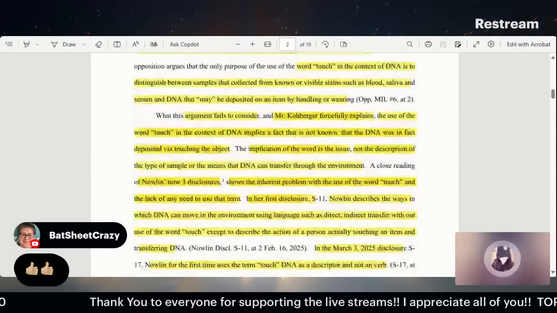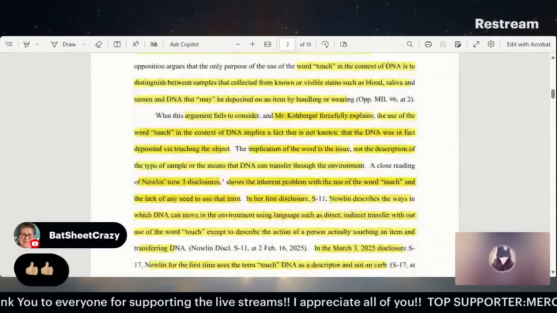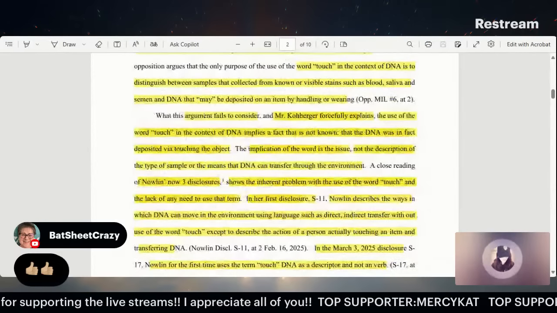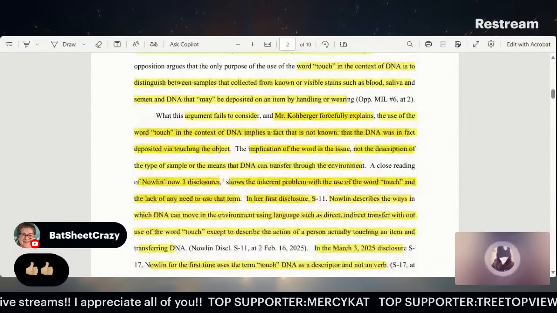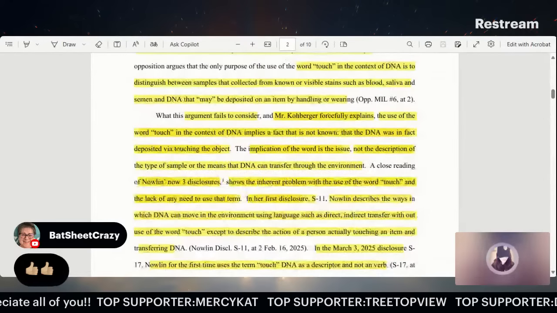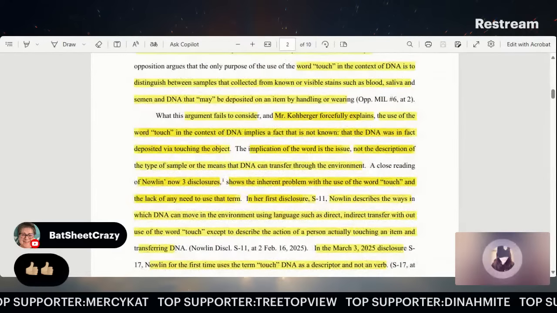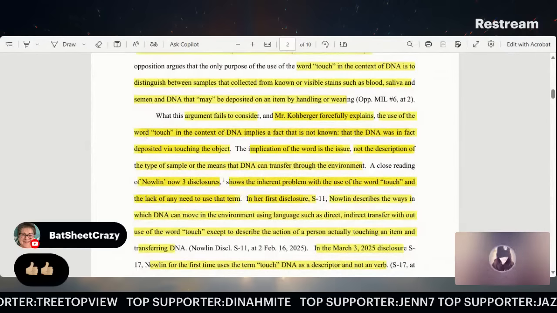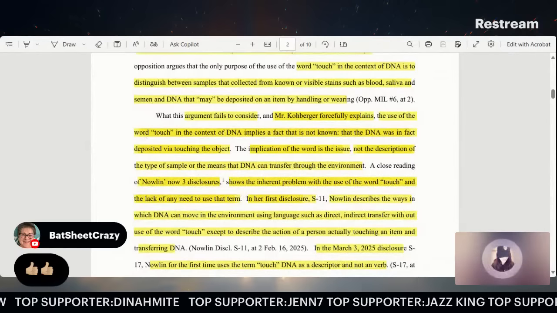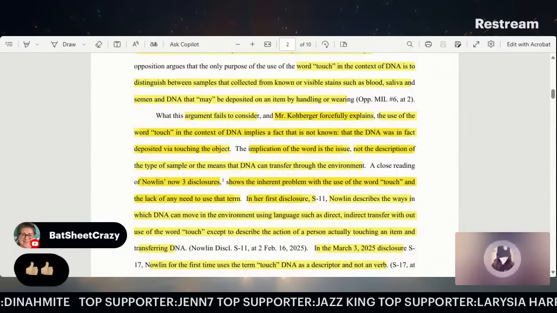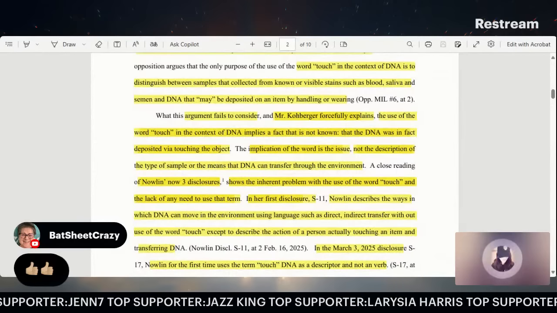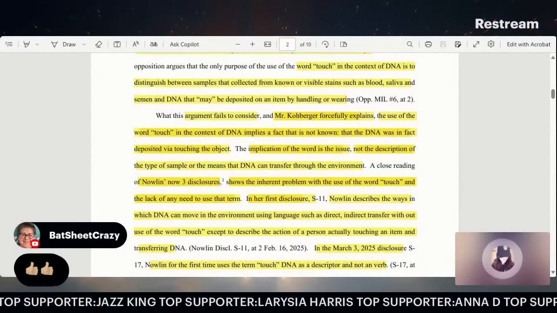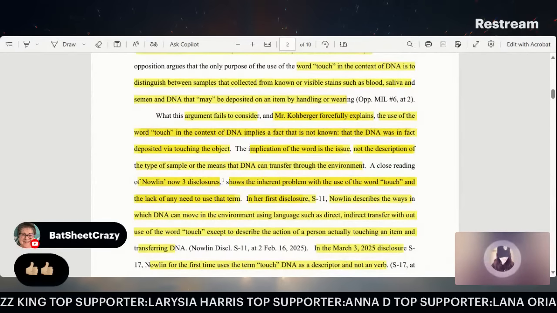What this argument fails to consider, and Mr. Kohberger forcefully explains, is that the use of the word, quote, touch in the context of DNA implies a fact that is not known. The fact being that the DNA was in fact deposited via touching the object, which is not known.